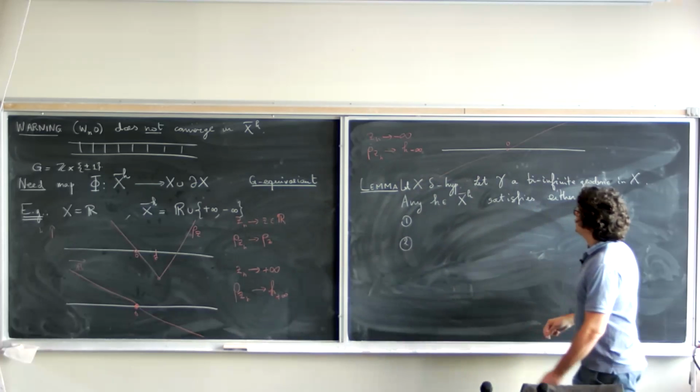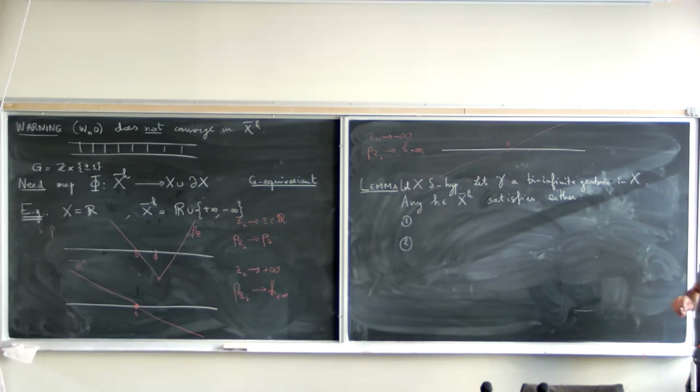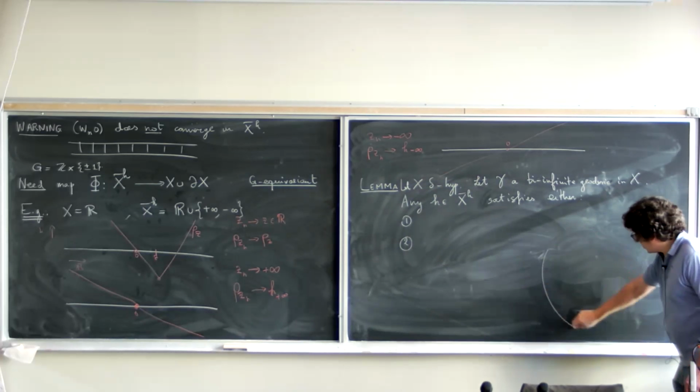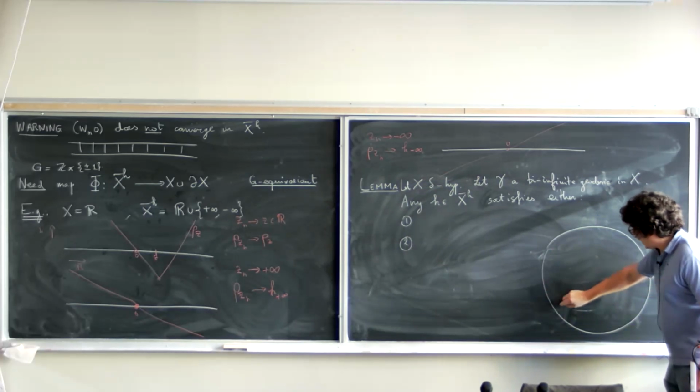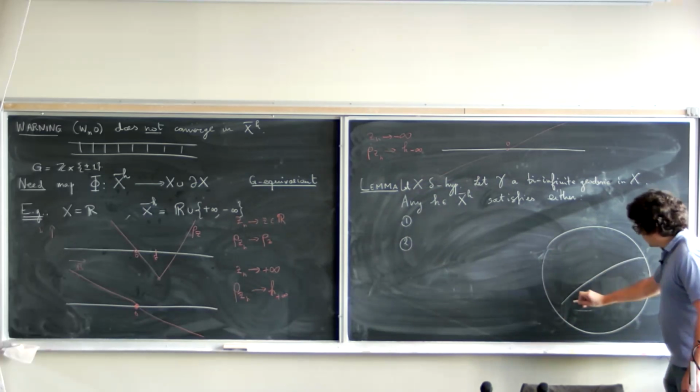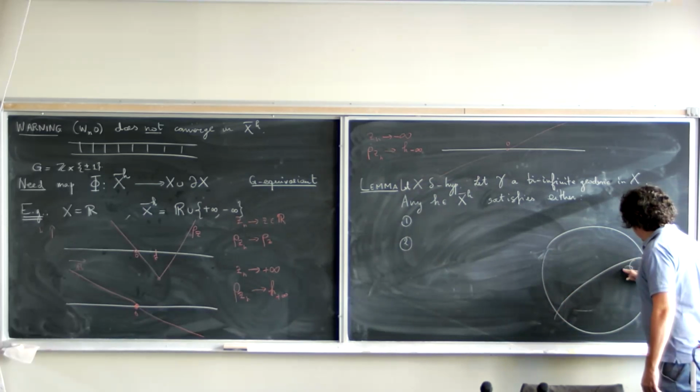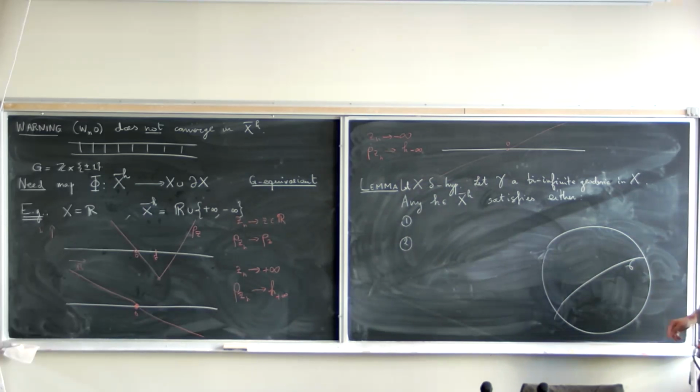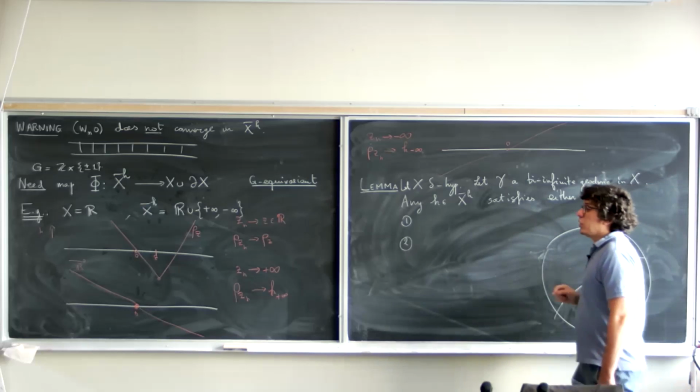So we want to say, what is the restriction? You take your space and gamma is this geodesic, and now you want to know what is the form of this function? Okay. And so there are two options.